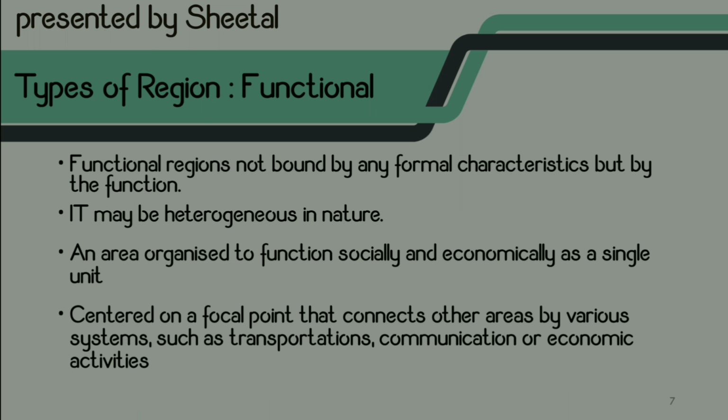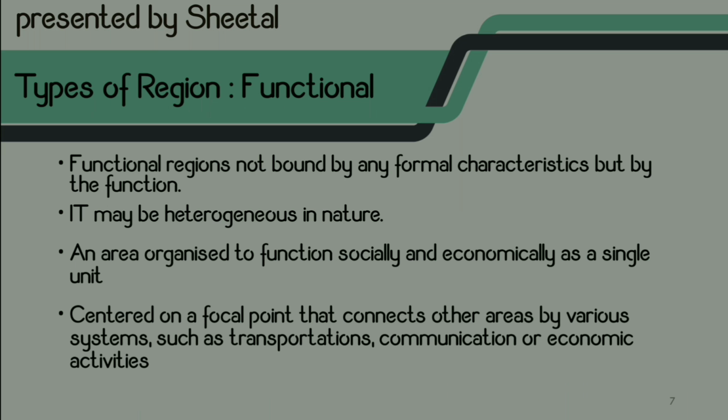It may be heterogeneous in nature, so you can see some heterogeneous qualities in it. Means you can see different characteristics in one region if we consider a functional region. It is an area organized to function socially and economically as a single unit, centered on a focal point that connects other areas by various systems such as transportation, communication, or economic activities.